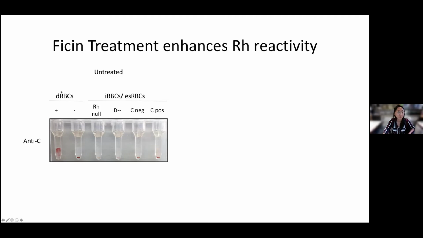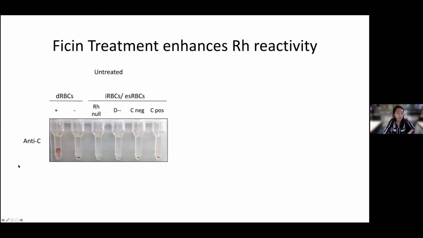So as an example, this is a card with untreated IRBCs. We always start with positive and negative donor red cell controls, followed by a panel of IRBCs.